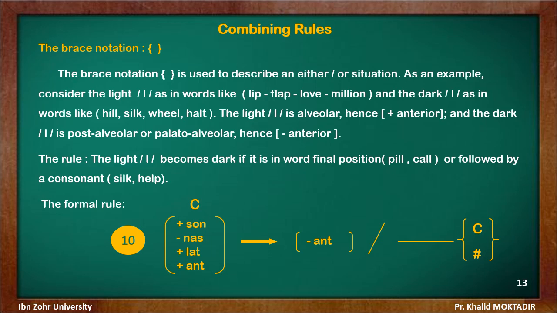But the formal rule will combine both rules into one context by using the brace notation. Look at the brace notation on the right side of the rule. It says this happens before a consonant or in word final position. So the rule says that the light lateral liquid becomes dark in two contexts.